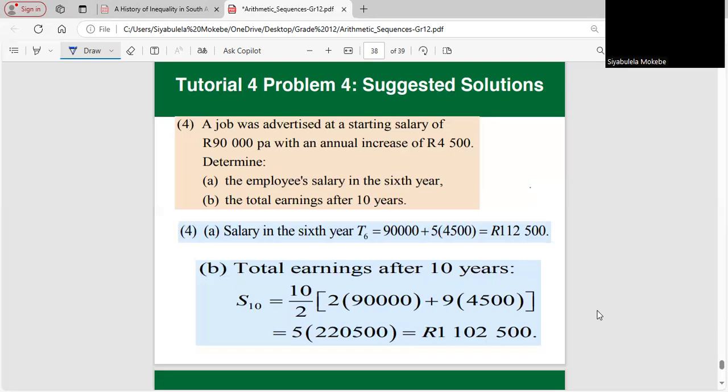So after 10 years, you're going to take the sum for 10 years, which is equal to 10 over 2, times 2 times the first salary, which is 90,000, plus 9 times your common difference.